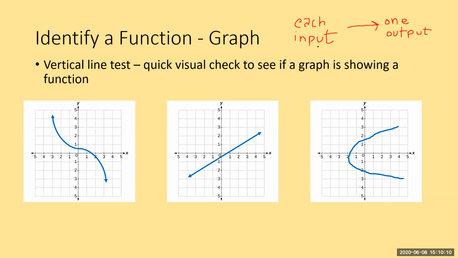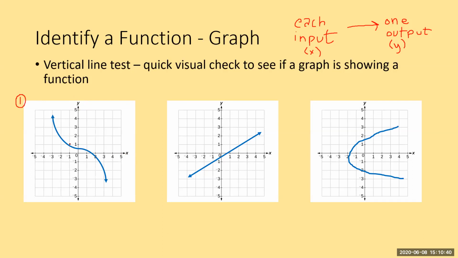Input corresponds to X, and output corresponds to Y. So on a graph, right, X is the horizontal direction, the horizontal axis, and Y is the vertical direction or the vertical axis.